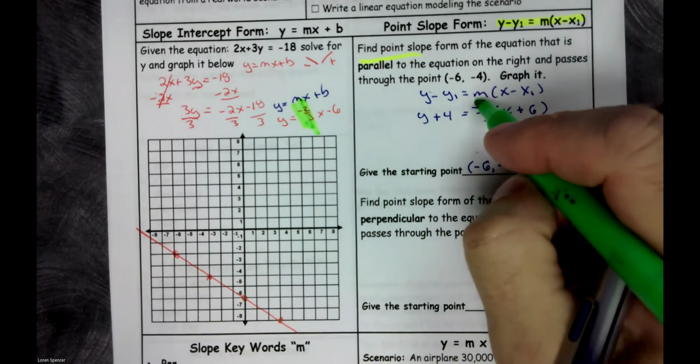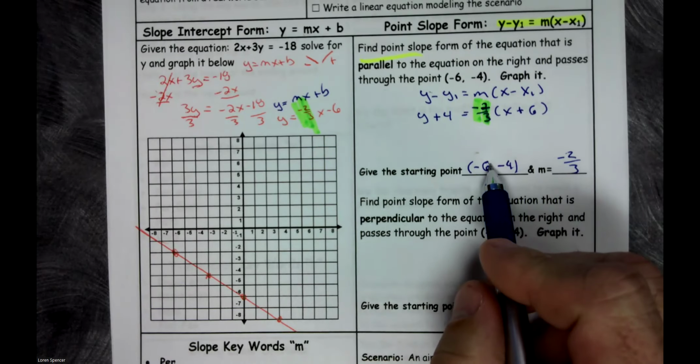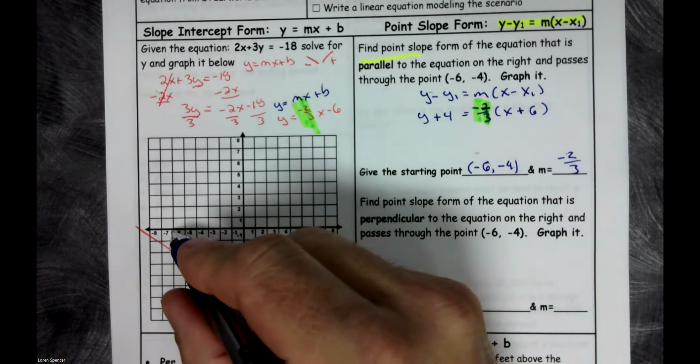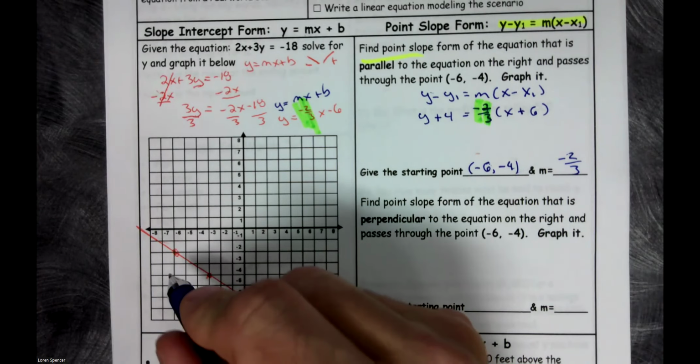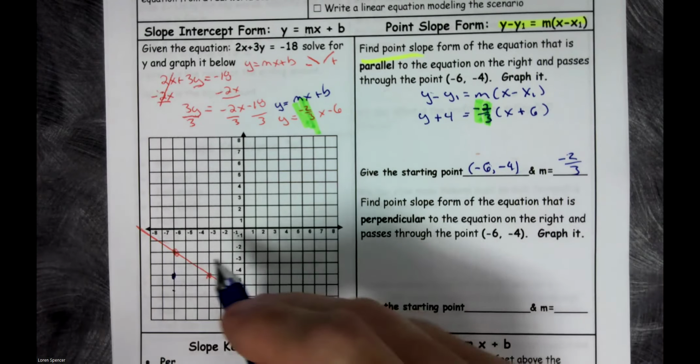And how did I know that? Parallel lines have the same slope. This is my starting point, negative 6, and then negative 4, which is right here. And the same slope.